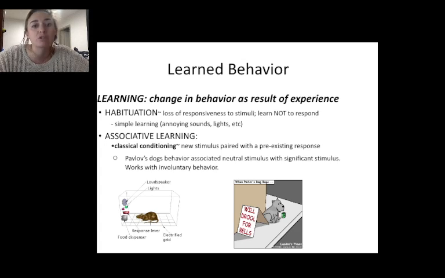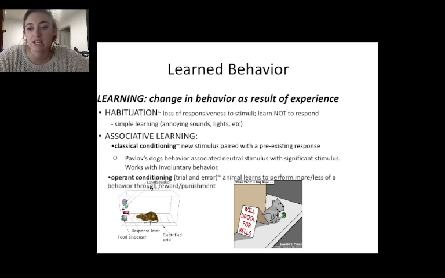What was found is when you took away the unconditioned stimulus, which was the putting down of the dog food, and you only had the conditioned stimulus, which was the ringing of the bell, that the dogs had a new conditioned response.